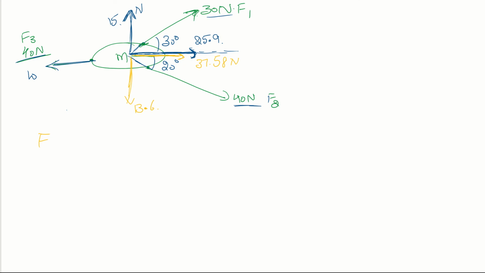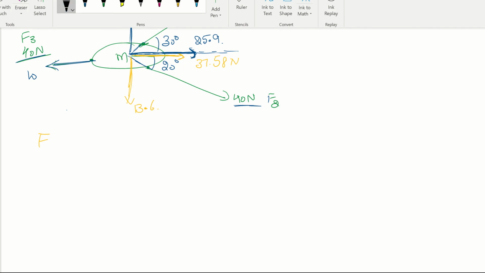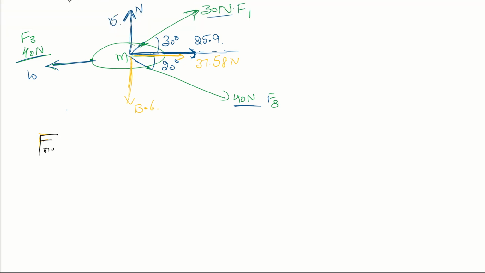So I'm going to write down, change the color, F net in x direction, that will be equal to F1x plus F2x plus F3x.